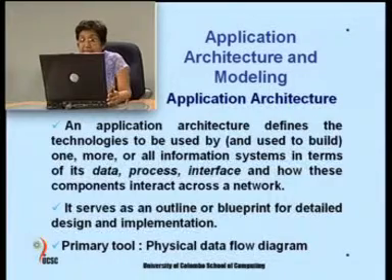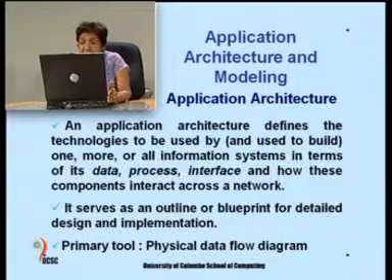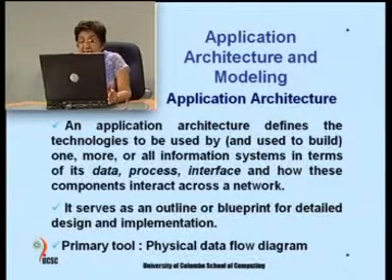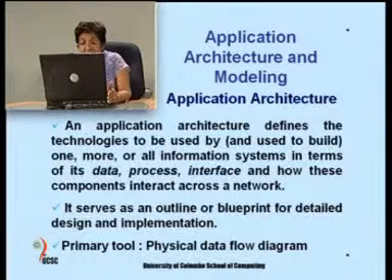So, the application architecture really looks at an information system in terms of the data involved, the processes, the interfaces and how these components interact across a network, because today most systems are really networked systems. The primary tool used in this is the physical data flow diagram.